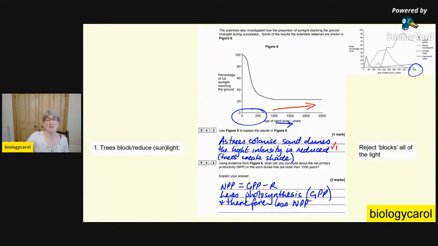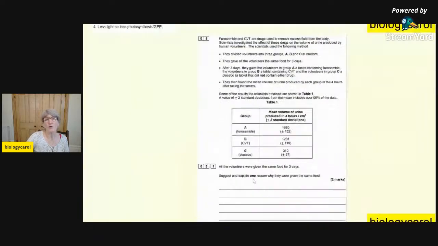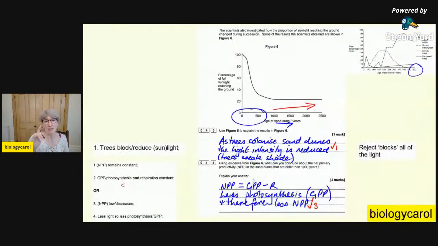And my basic thing is, if there's less photosynthesis, there's going to be less glucose made, and therefore less body of the plant being made, less NPP. And so I got these two marks here. I thought mark points 3 and 4 were, sorry, I just realized I didn't get mark point 4.